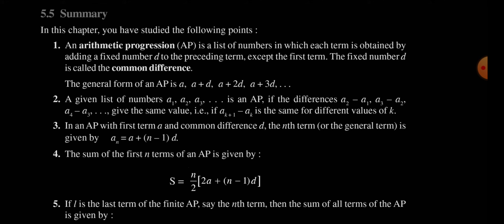A given list of numbers a1, a2, a3, and so on is an AP if the differences a2 minus a1, a3 minus a2, a4 minus a3, and so on give the same value, in other words, if a(k plus 1) minus a(k) is the same for different values of k.